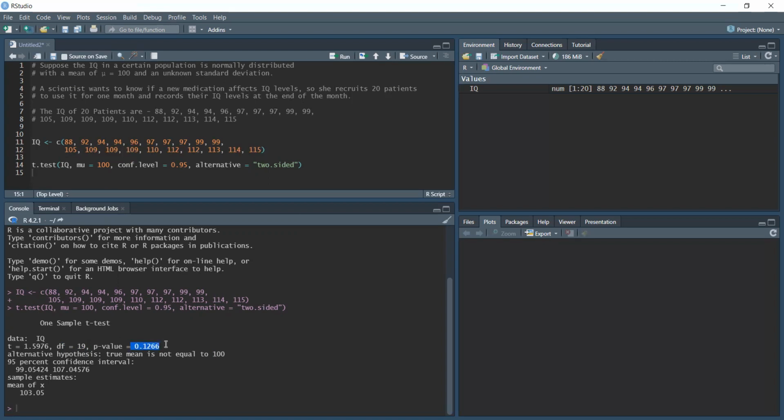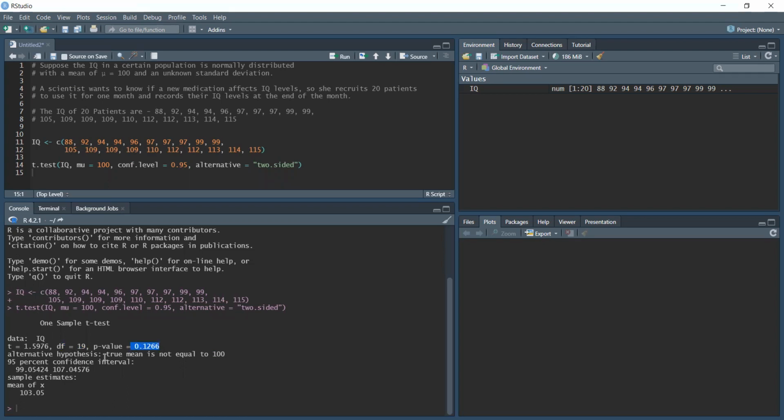If we compare the p-value with any alpha of 1%, 5%, or 10%, we can conclude that the p-value is greater than alpha. Hence, we cannot reject the null hypothesis. That is, the IQ level of the patients is not different from 100.